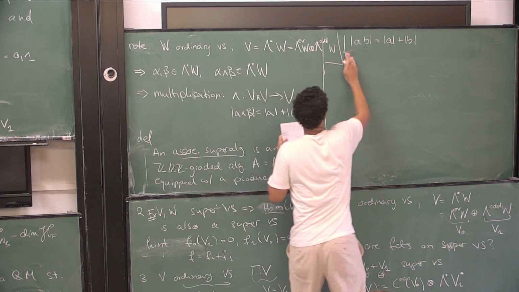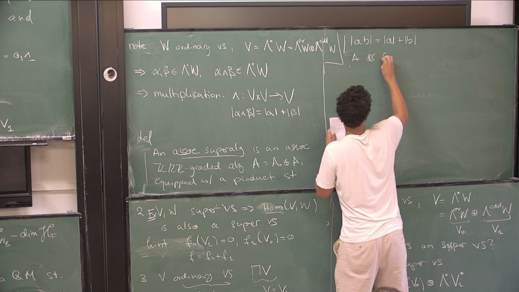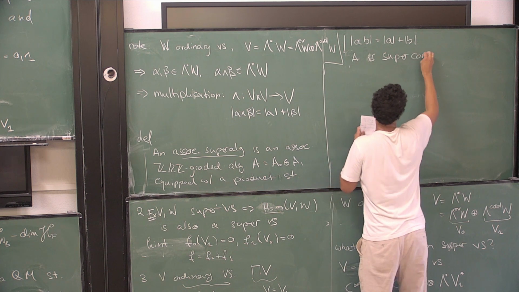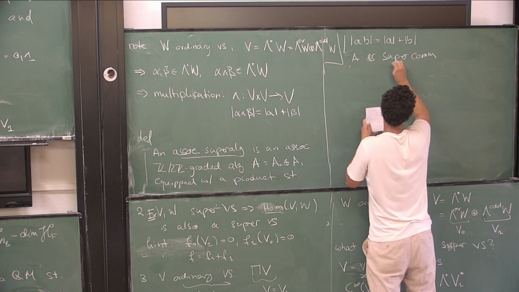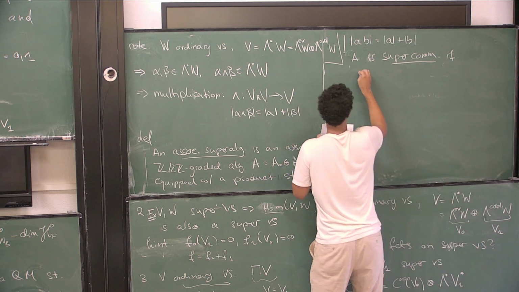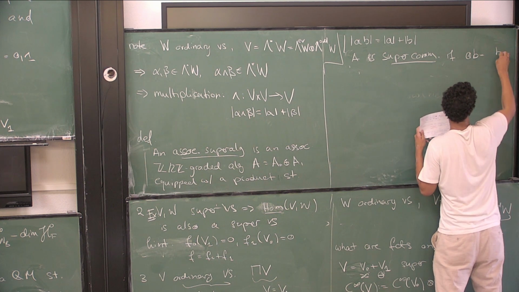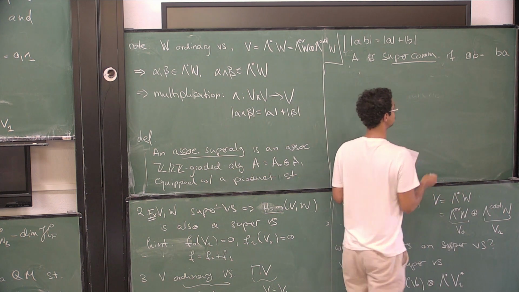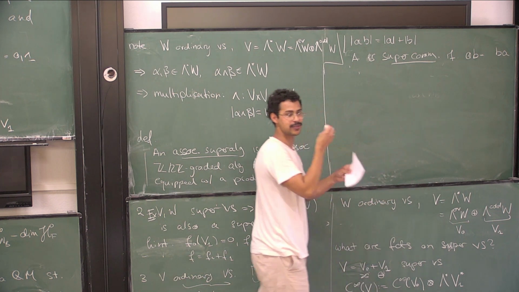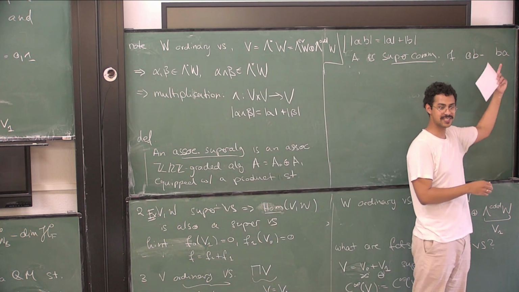And let me just continue. We say that A is supercommutative if you can swap A and B. However, because everything has a grading, there will now be a sign.